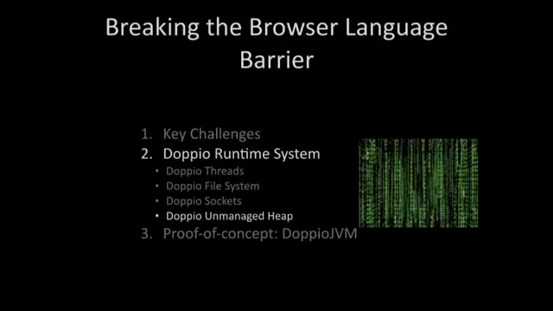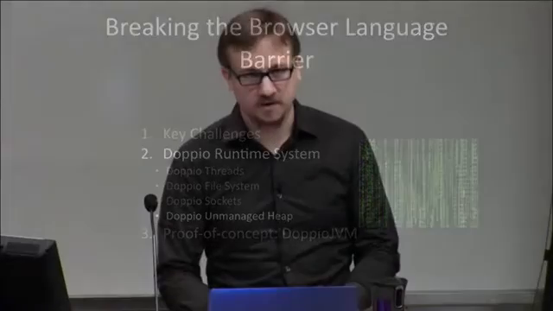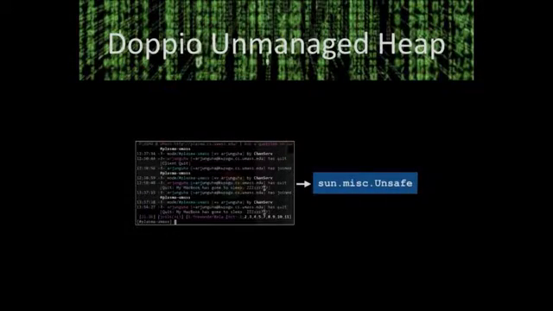OK. So that's the sockets. Now I'm just going to talk about this unmanaged heap. When our chat client starts up, it pulls in a wide variety of libraries in the Java class library. A few invoke this unsafe Java API when they statically initialize, which lets the program do many really fun things.